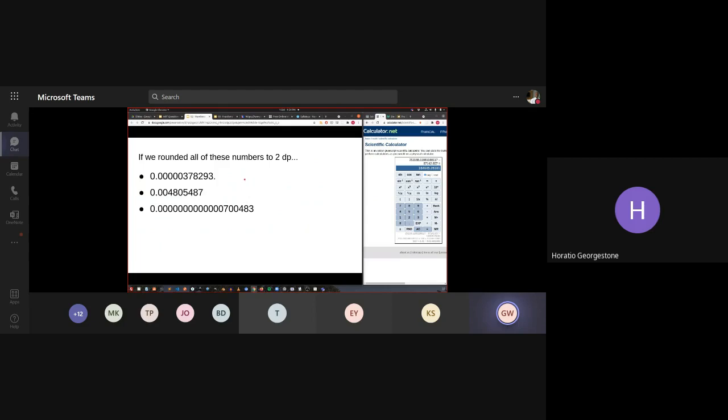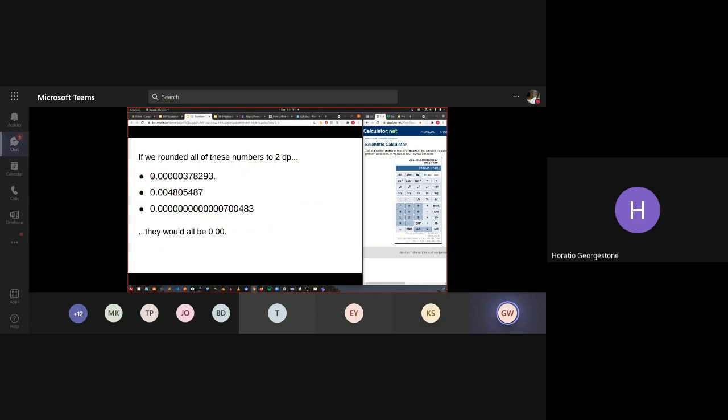Okay, so there's a reason why we need significant figures. The reason is because decimal places aren't always a useful thing to round to. Let's ignore this full stop. I don't know why that's there. If you rounded all of these numbers to 2 decimal places, all of them would be 0.00, even though they're actually very different numbers.